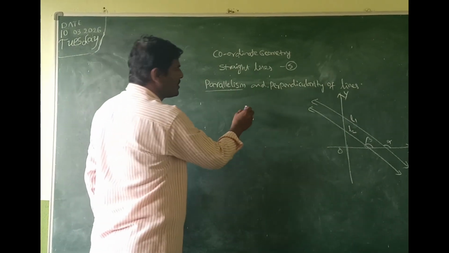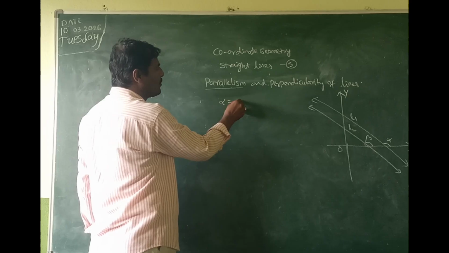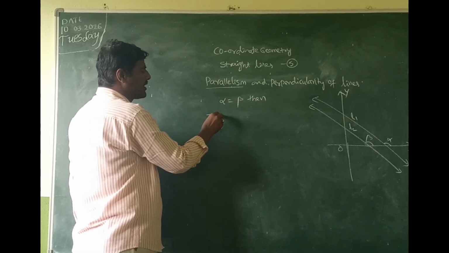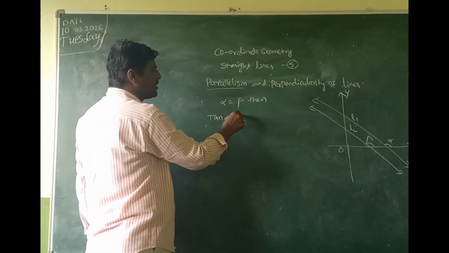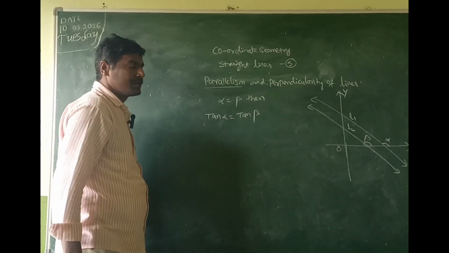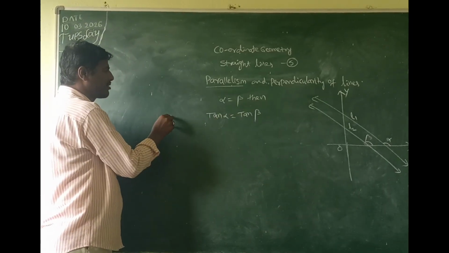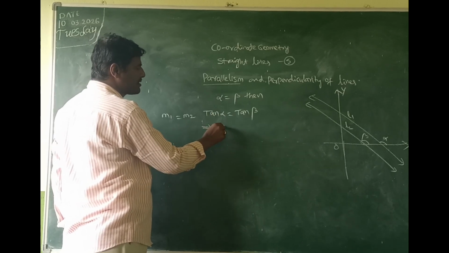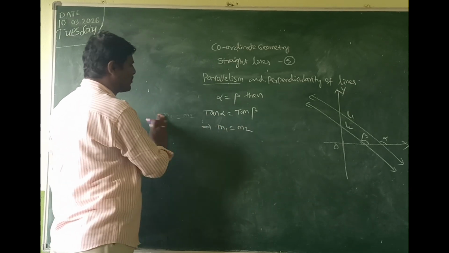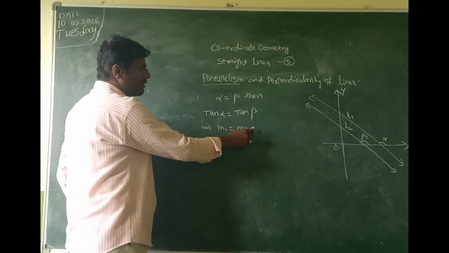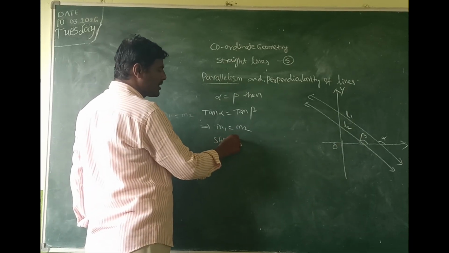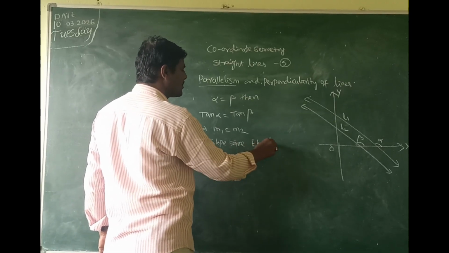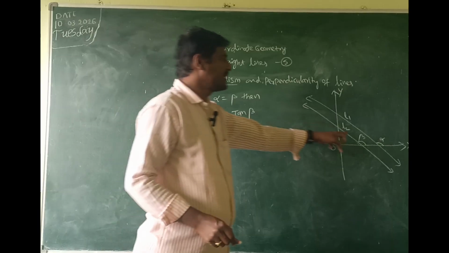If alpha equal to beta, then the slope of line L1 equal to tan alpha, and the slope of line L2 equal to tan beta, so m1 equal to m2. So the slopes are equal, and these two lines are parallel.